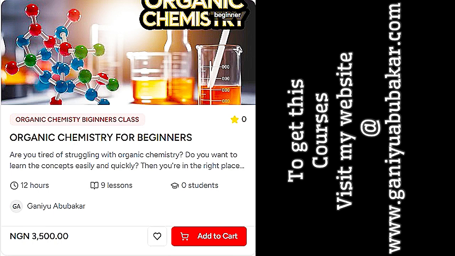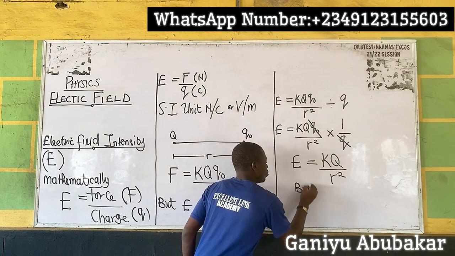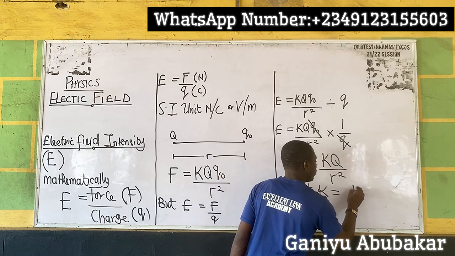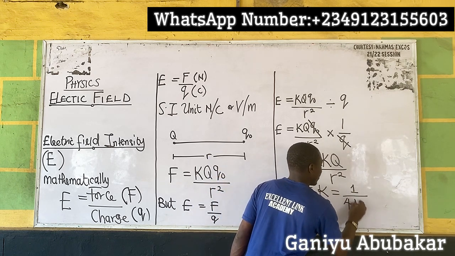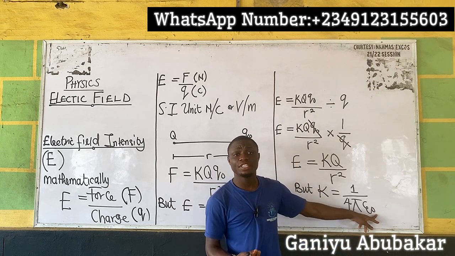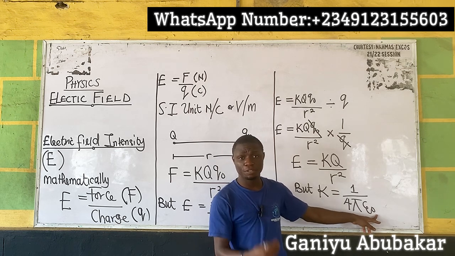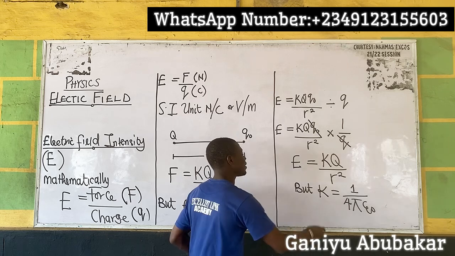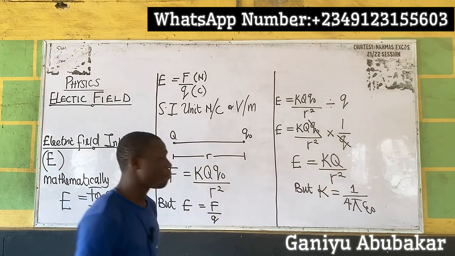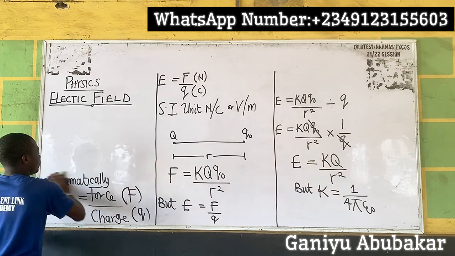From here, we know very well that this K is called the constant and the value is given by 1 all over 4 pi epsilon naught. We said this epsilon naught signifies the permittivity of free space. That's the meaning of epsilon naught. If this is true, I will insert the value of k into this expression.